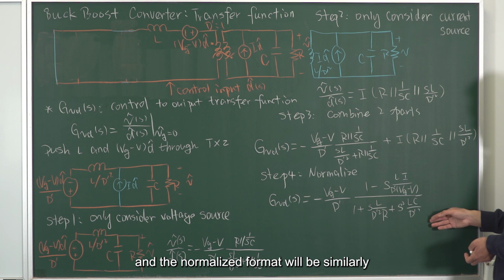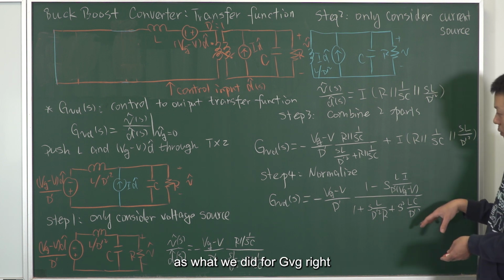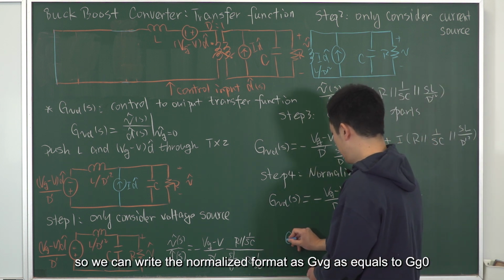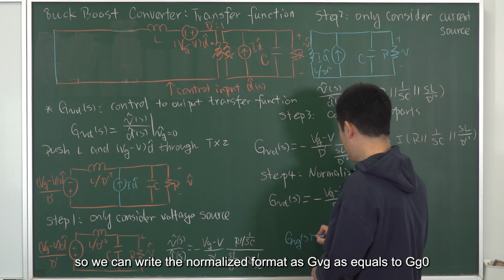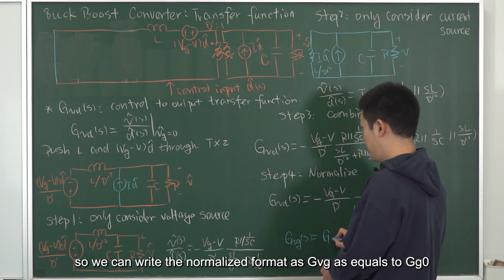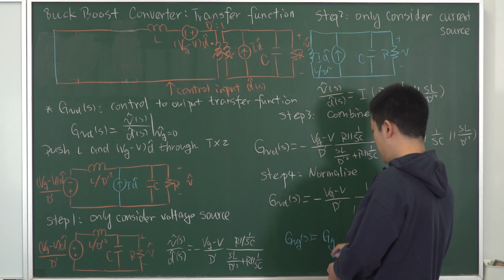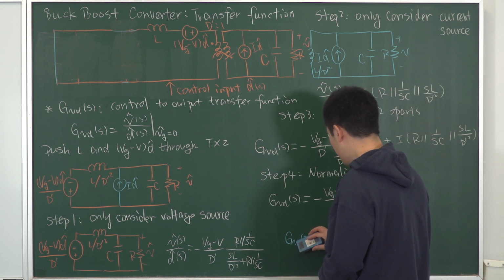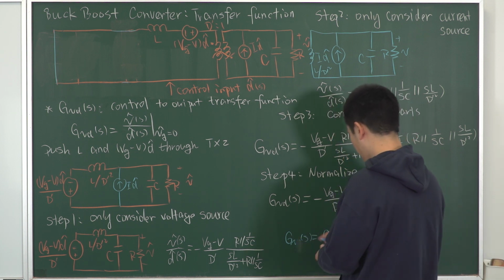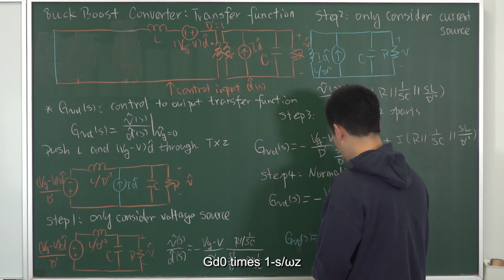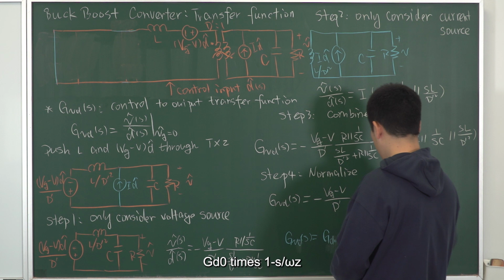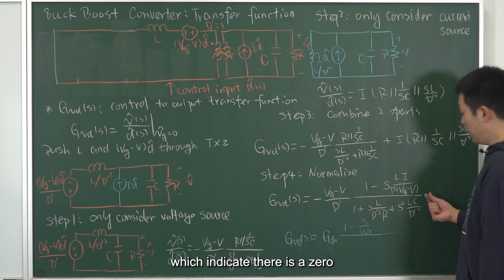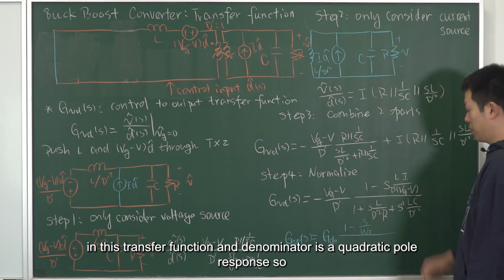And the normalized format will be similar to what we did for GVG, right? So we can write the normalized format of GVD as equal to GD0 times 1 minus S over omega z, which indicates there is a 0 in this transfer function.